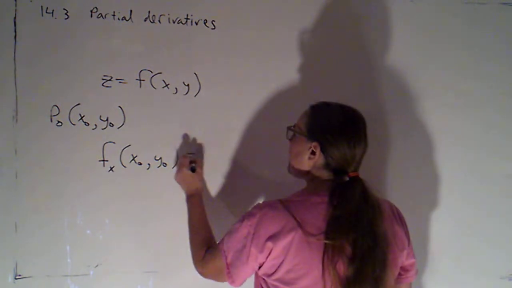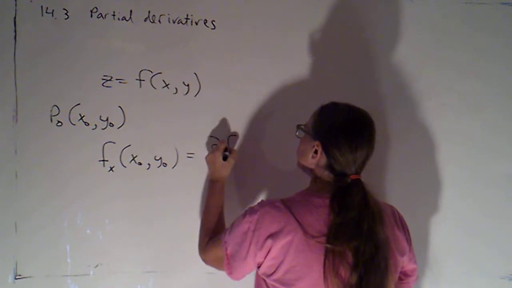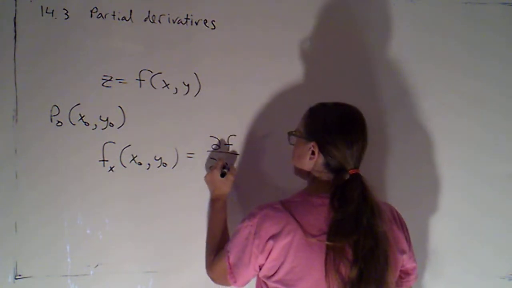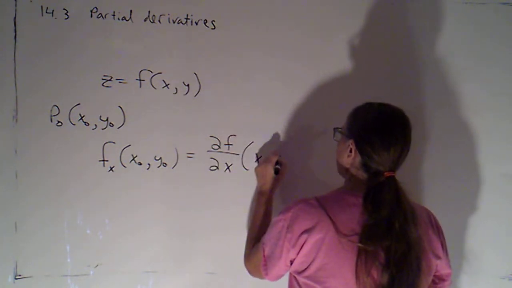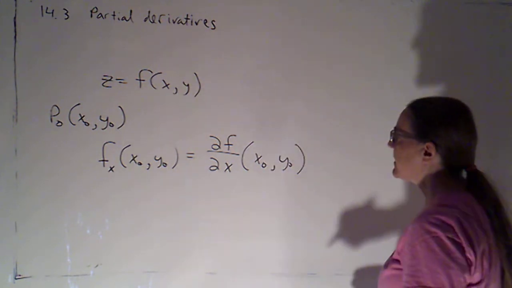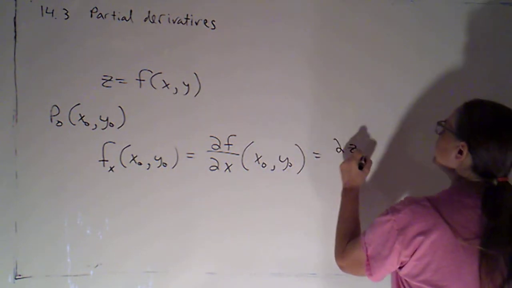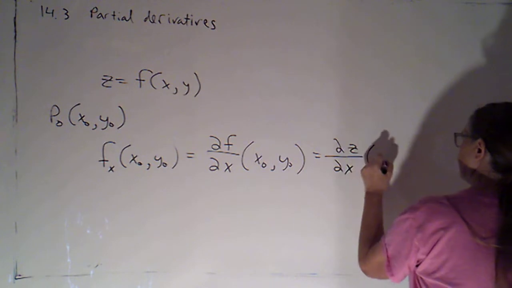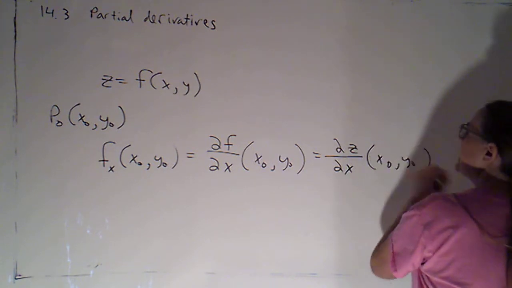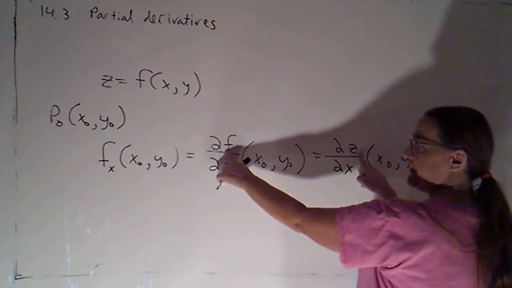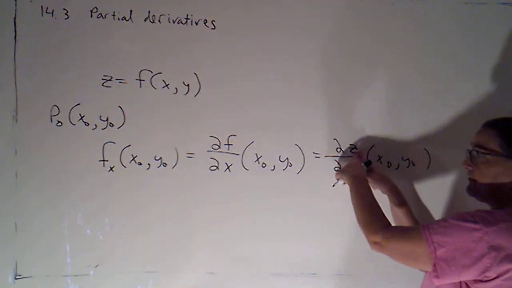Okay. I could also write this as the partial derivative of f with respect to x at x naught, y naught. Or the partial derivative of z with respect to x at x naught, y naught. Doesn't matter whether I call it the name of the function or the name of the output variable.